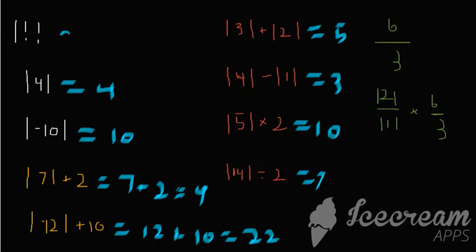I'm not rewriting it because I don't have a lot of space. But then you would divide 3 by 3, and then you divide 6 by 3. So that would be 3 over 1.